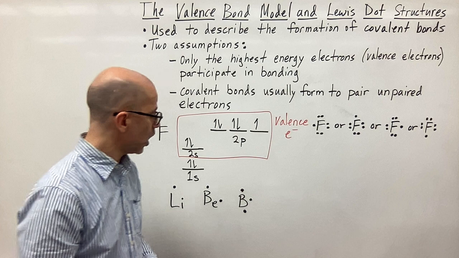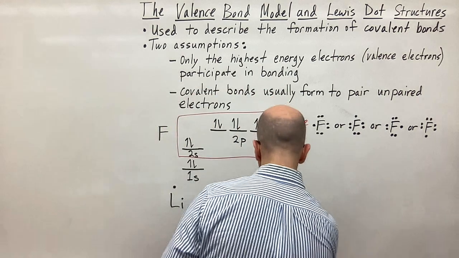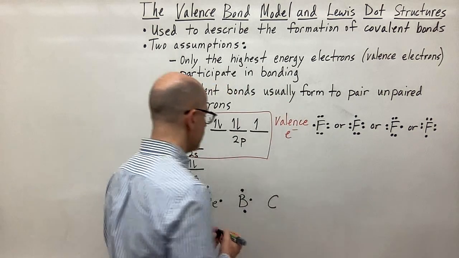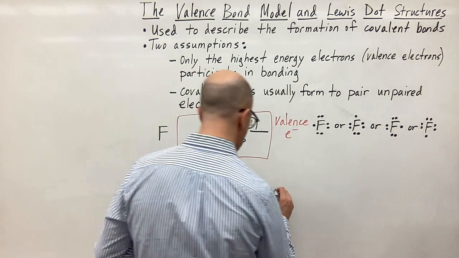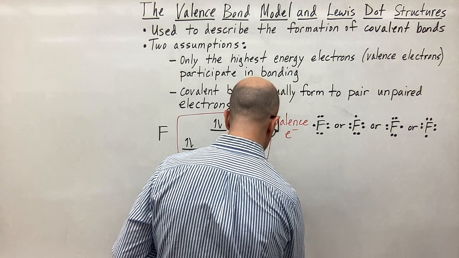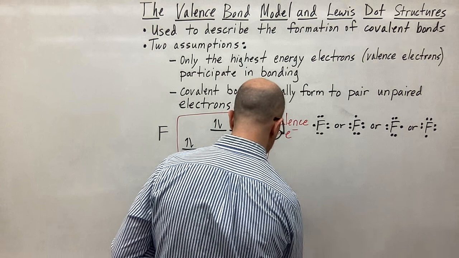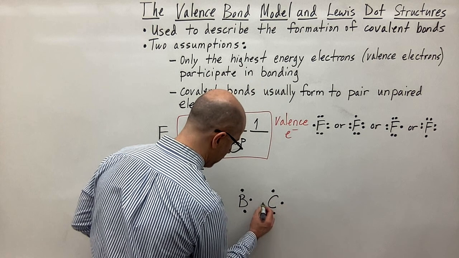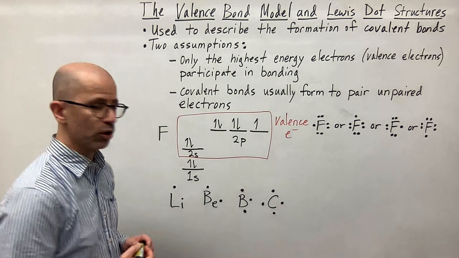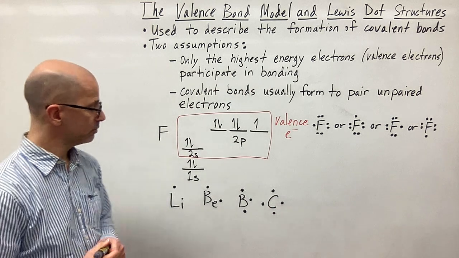So next is carbon. So C, carbon. Carbon is in group 4, so it has 4 valence electrons. So I'm going to start on the top again. 1, 2, 3, 4. So that would be the Lewis symbol for carbon.